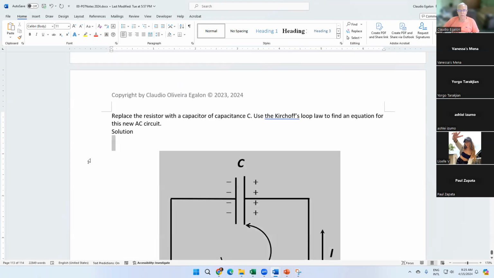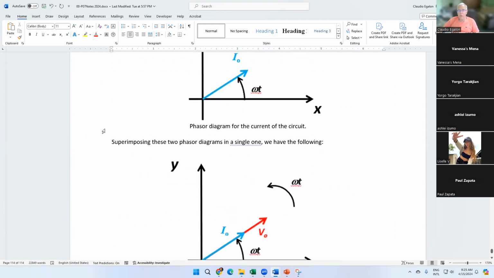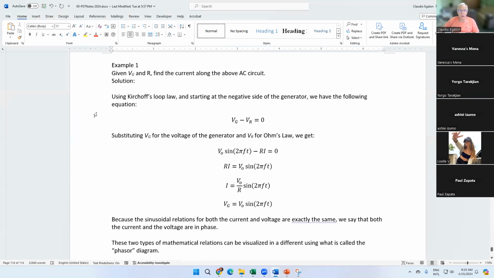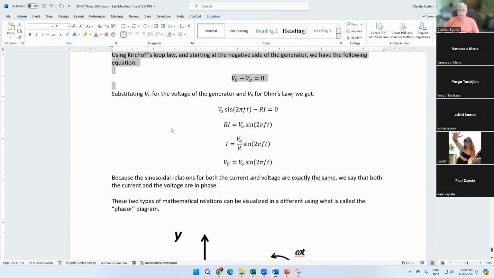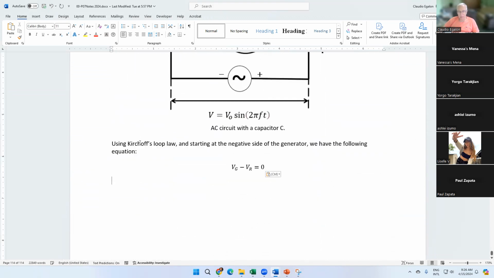Okay, so just like before, we're going to use the Kirchhoff loop law. Exactly what we did before.